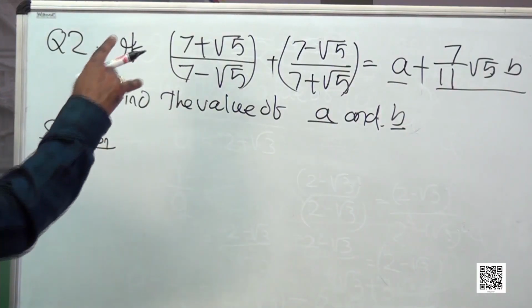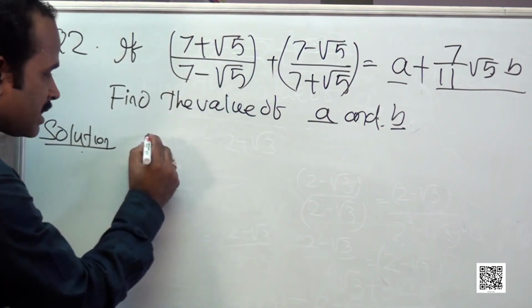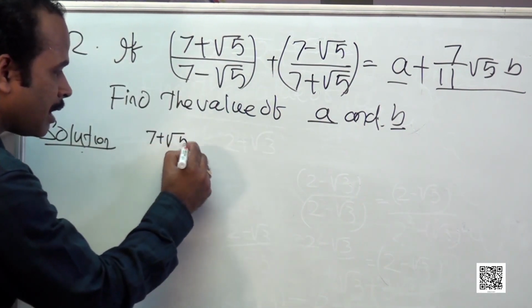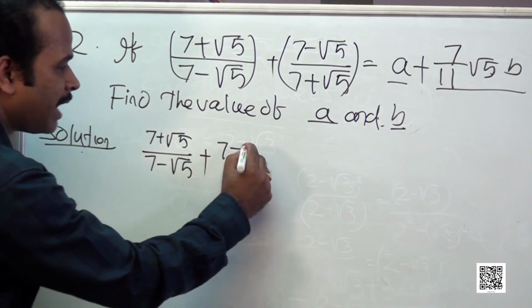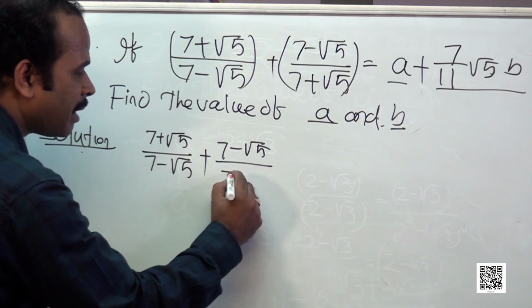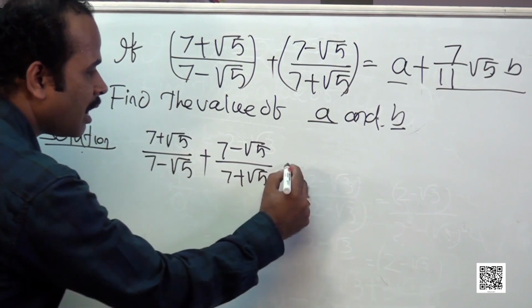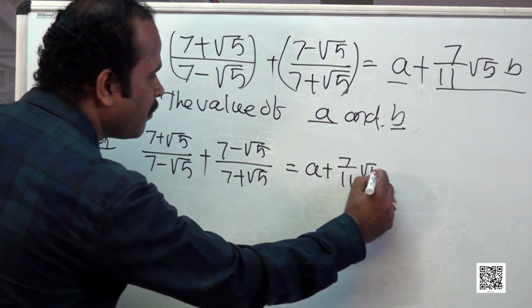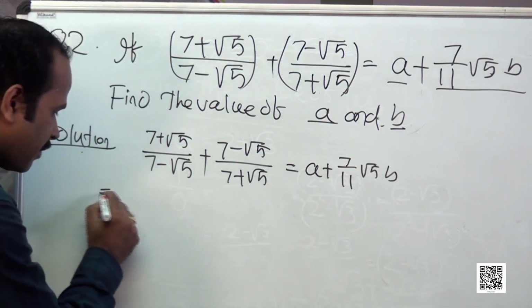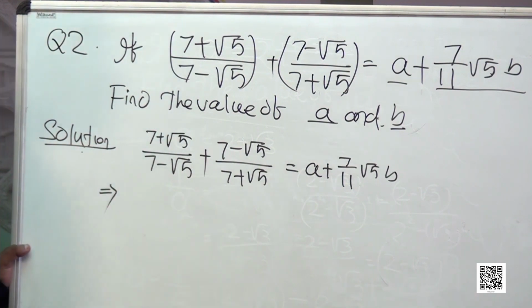So 7 plus root 5 by 7 minus root 5 plus 7 minus root 5 by 7 plus root 5 is equal to a plus 7 by 11 root 5 into b. Now I will write implies because I am solving it.